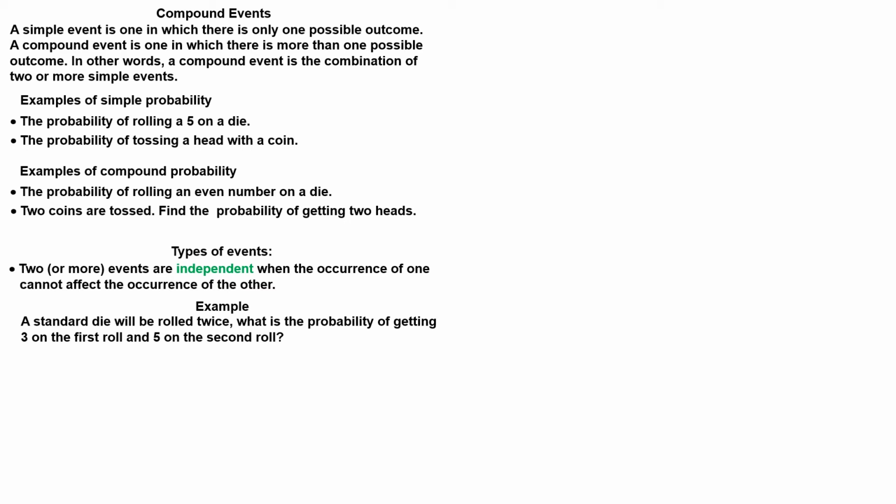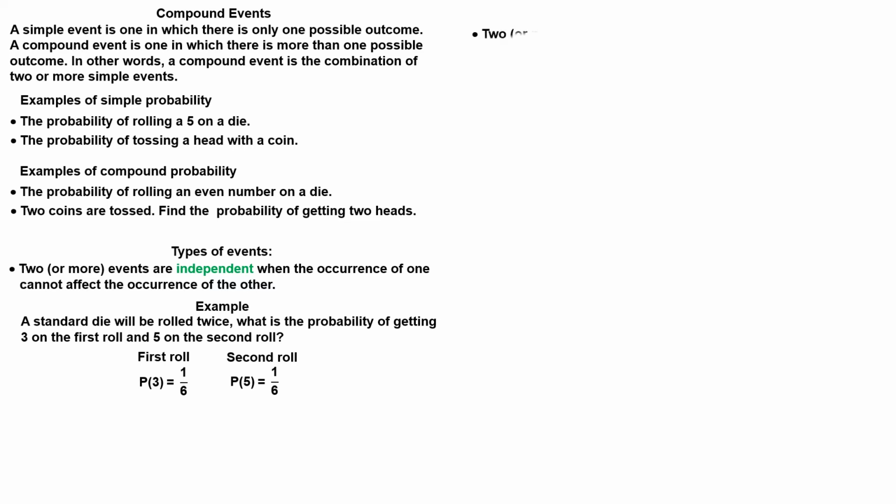The probability of getting 3 on the first roll is 1 over 6. The probability of getting 5 on the second roll is 1 over 6. These two events are independent because the result of the second event is not affected by the result of the first event.